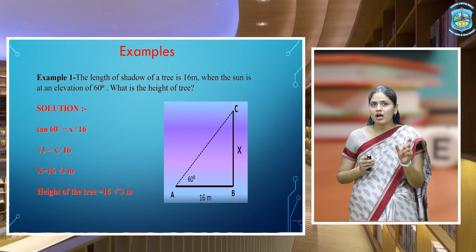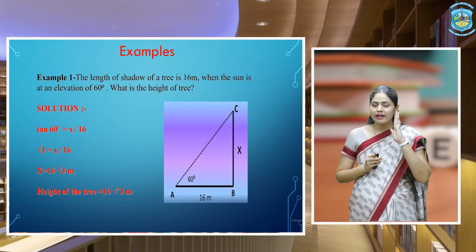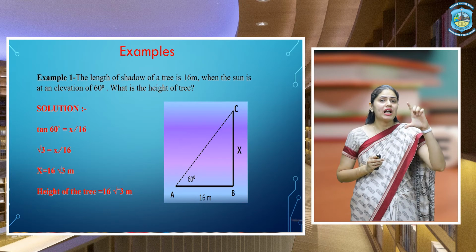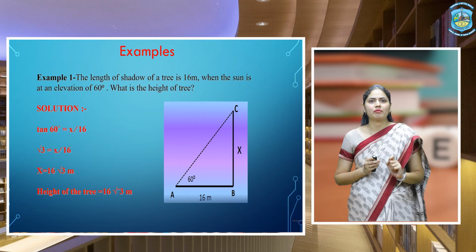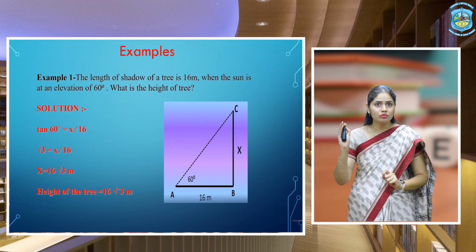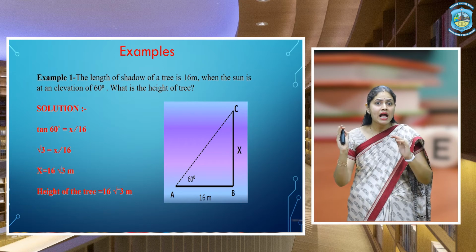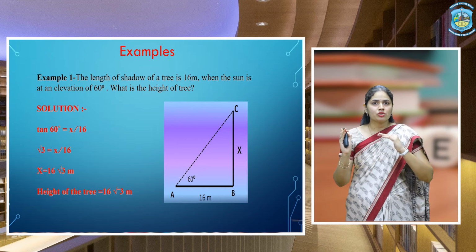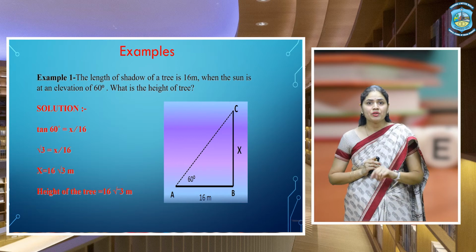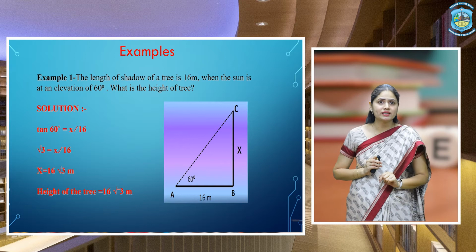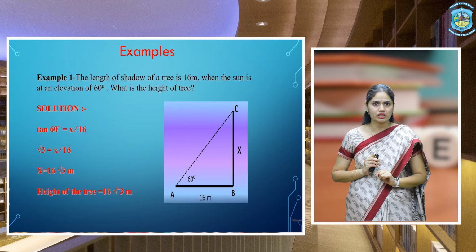How will you decide the formula? At first you will see which value we need to find out and which value is given. Here we need to find the perpendicular and the base is given. So perpendicular upon base is the value of tan theta. Here theta is 60 degree, which is given in the question.